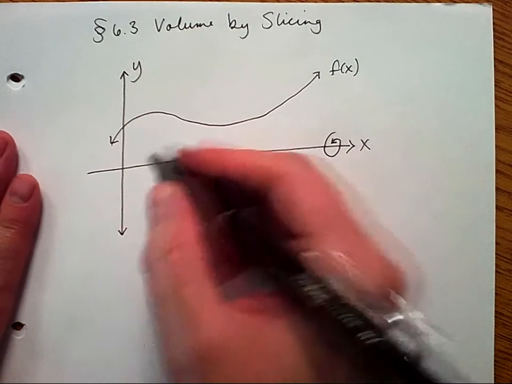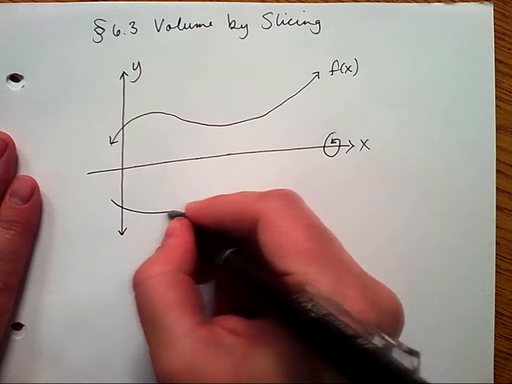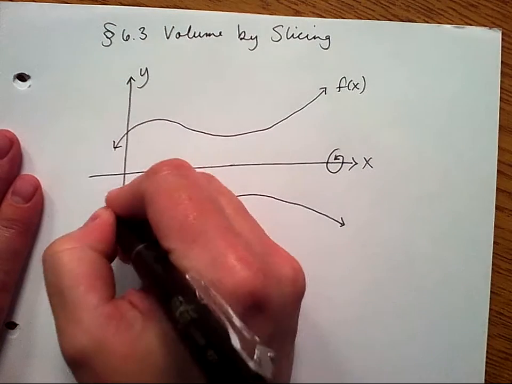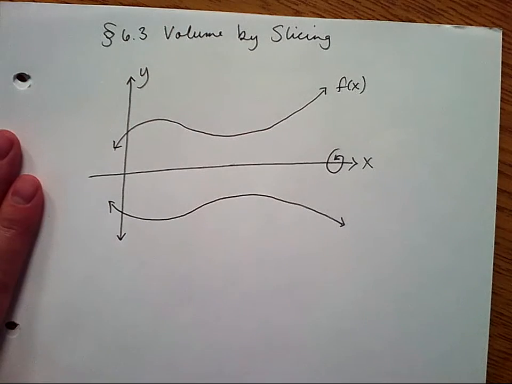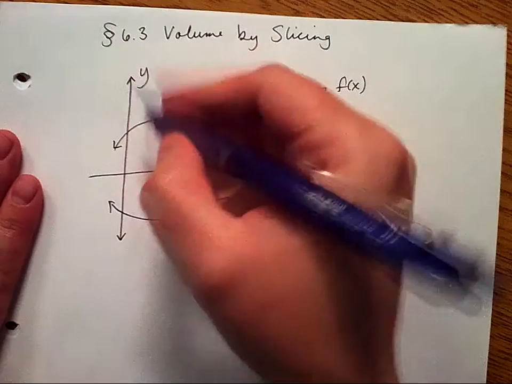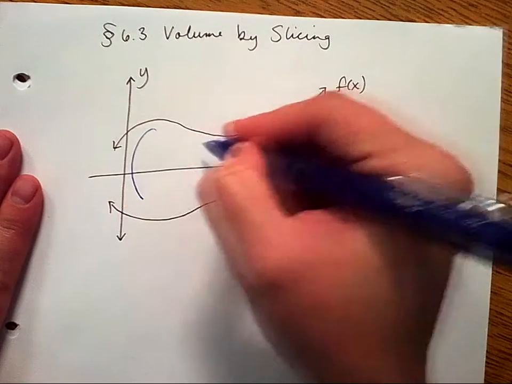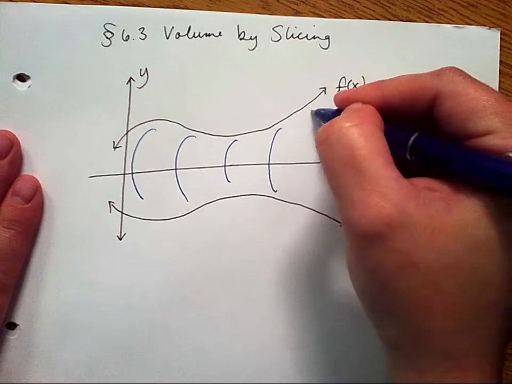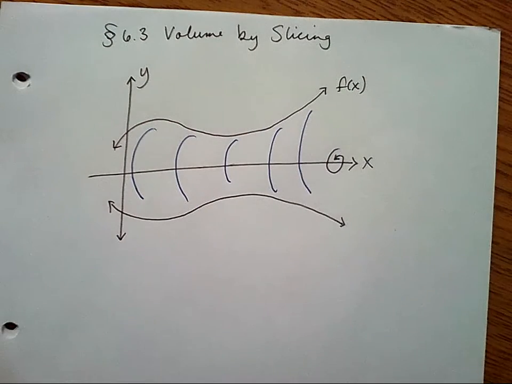So that's going to look something like this. Wow. My artistic skills are out of this world. So I'm rotating. I get a 3D shape, right? Let's say I want to calculate the volume of this.